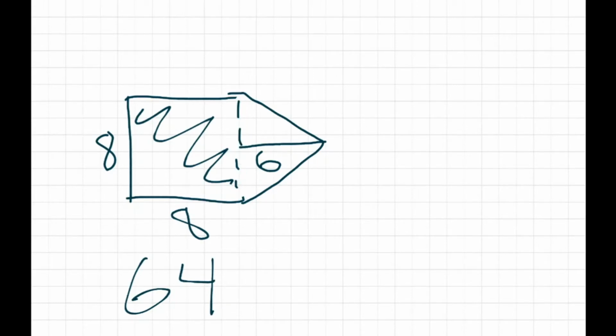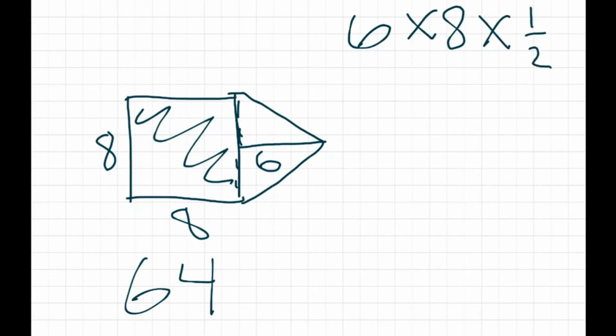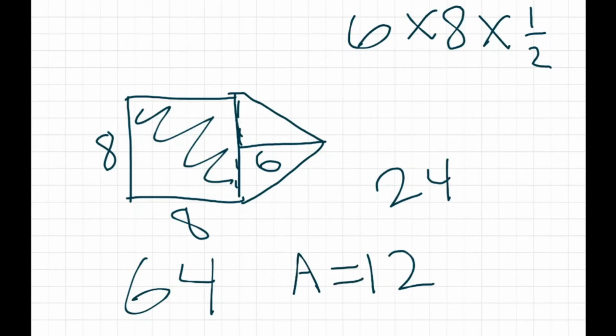So now to find the area of the triangle, we know the height is 6, and the base is going to be 8 because the base is equal to the side length of the square. So 6 times 8 times half, 6 times 8 is 24, and half of 24 is 12. So the area of this triangle is 12.